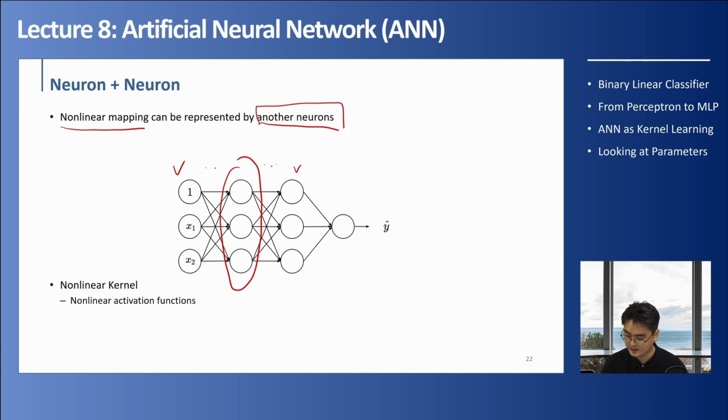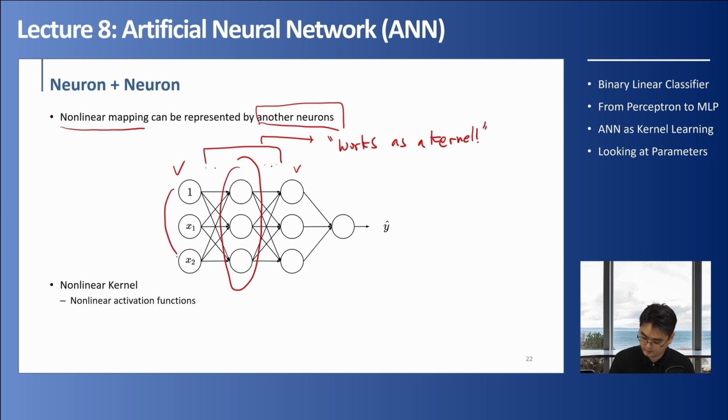Then these layers of neurons, or layers of weights, work as the kernel. So then we have our input layer, and we have some additional layers.